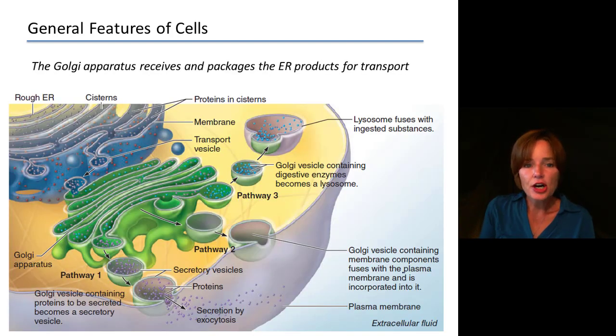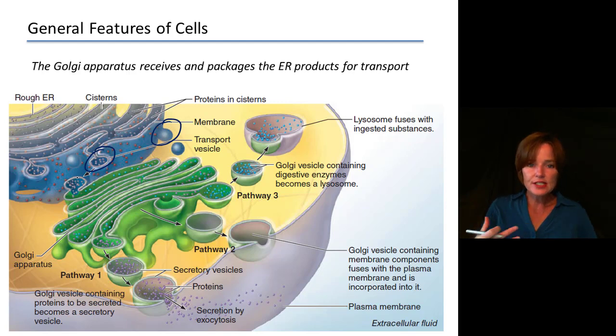So if we kind of tie it all together and look at what the Golgi is doing, the blue picture is showing us the rough ER. And the rough ER is taking the proteins from the ribosomes on the outside, packaging them up in those little vesicle compartments, and then sending them out. And we can see a number of these being sent out. Those are then going to travel to the Golgi, shown here in green.